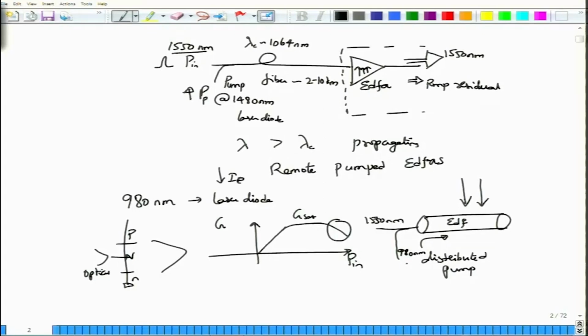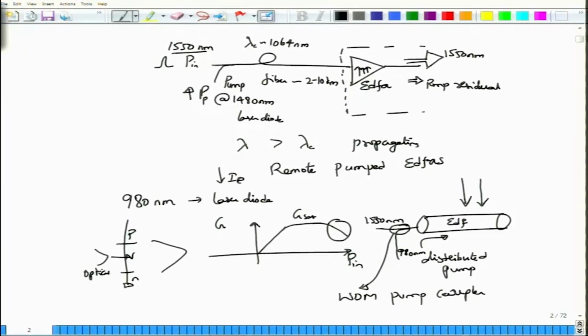So this is your signal and this is your pump, and this special device which is used to couple a signal at 1550 nanometer and a pump at 980 nanometer is called a pump WDM coupler or WDM pump coupler. WDM simply refers to the wavelengths around 1550 nanometer, whereas pump refers to the wavelengths at 980 nanometer.